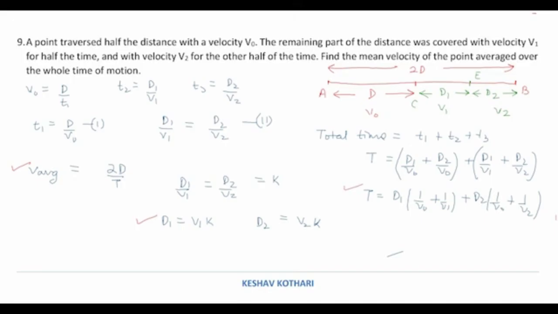So if we substitute these values, we obtain the equation that v average equals 2d upon d1 (1 by v0 plus 1 by v1) plus d2 (1 by v0 plus 1 by v2).